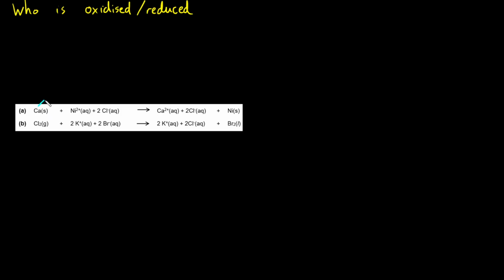First of all, I've got calcium, which is turning into the calcium 2 plus ion. It's becoming positive. It must be losing negatives. The calcium is losing or has lost 2 electrons. Therefore, as we know, oxidation is the loss, reduction is the gain.